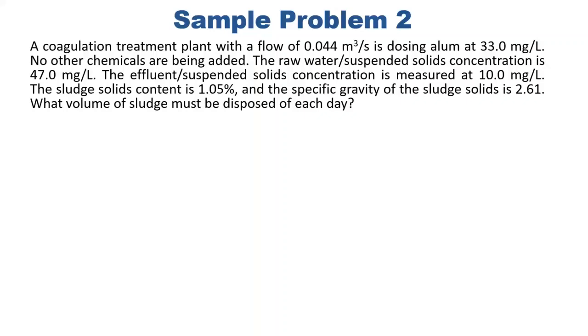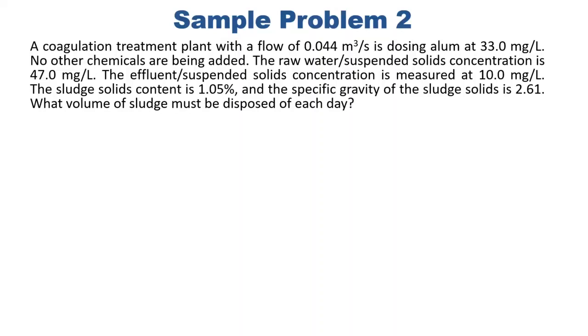The effluent suspended solids concentration is measured at 10 milligrams per liter. The sludge solids content is 1.05%, and the specific gravity of the sludge solids is 2.61. What volume of sludge must be disposed of each day? Okay, so the problem is asking for the volume of the sludge that must be disposed each day.